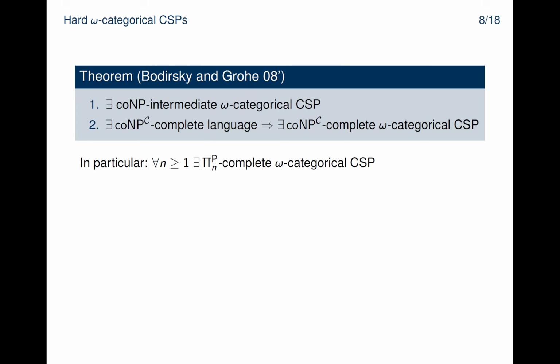But to be more reasonable and have something concrete, we can think of these Pi levels of the polynomial hierarchy, for example co-NP^NP and so on. In particular, for every n greater than or equal to 1, there exists a Pi^p_n complete omega-categorical CSP.